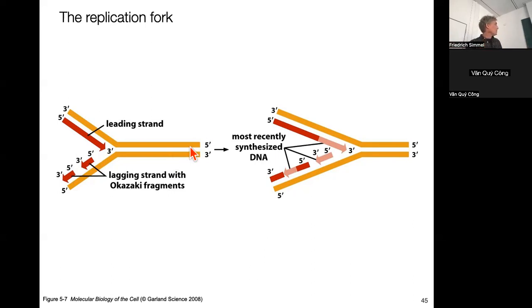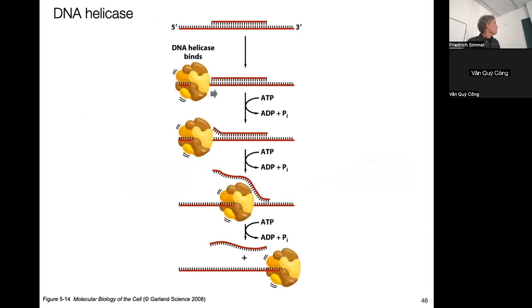So what happens on this so-called lagging strand is that there are consecutive initiation processes, where first a primer is synthesized, and then the polymerase starts to synthesize DNA from there. And this very complicated process involves many enzymes.